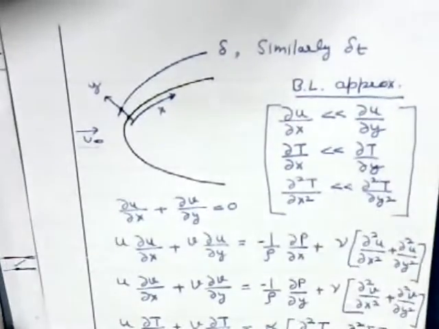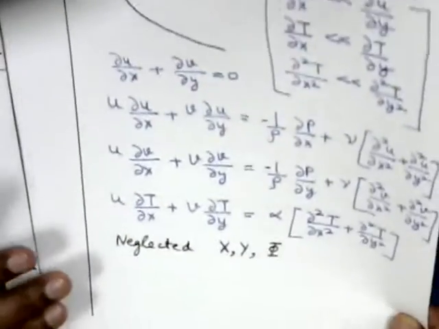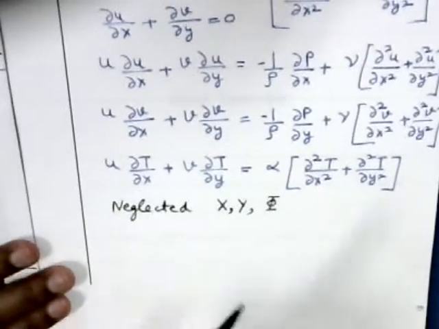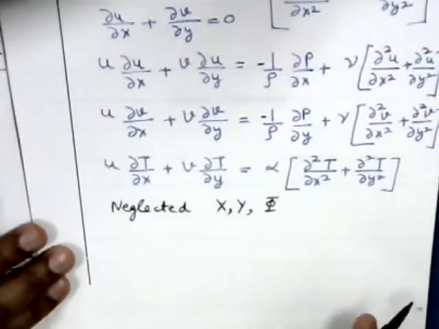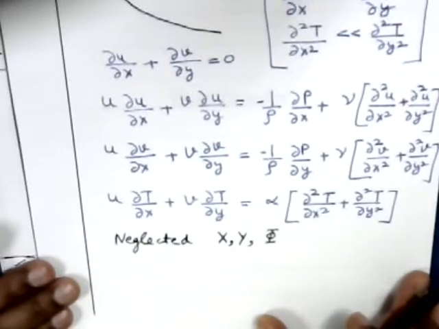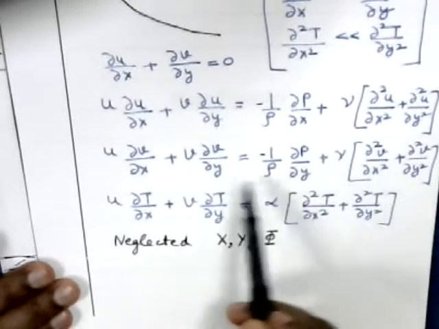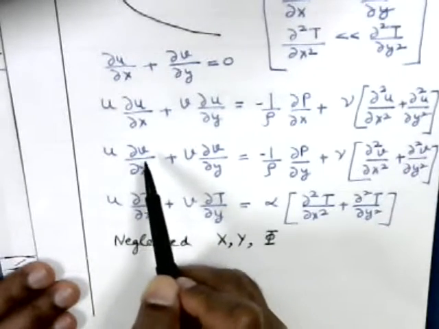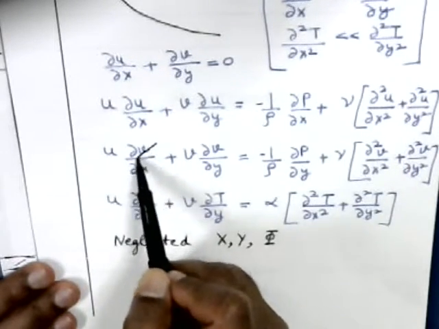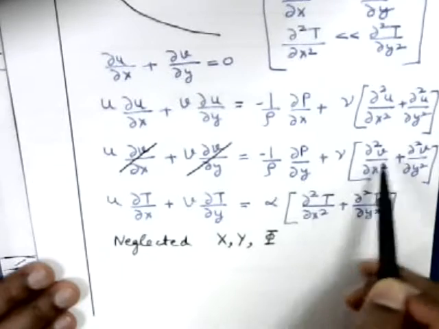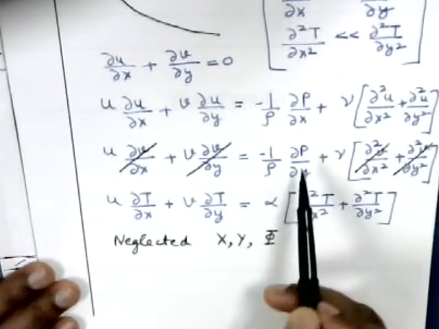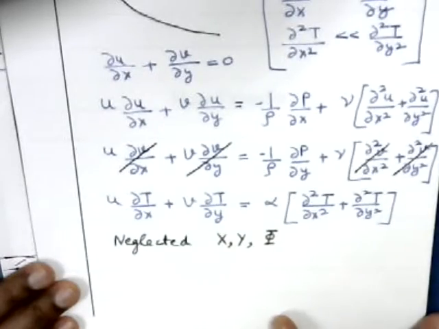Now, because of these, when we introduce them in these equations, in the y momentum equation it turns out that all these terms drop out in the order of magnitude analysis, and the equation becomes ∂p/∂y = 0.